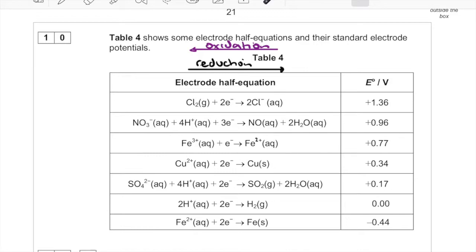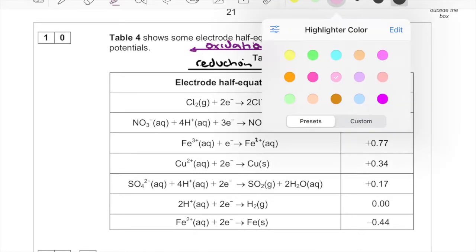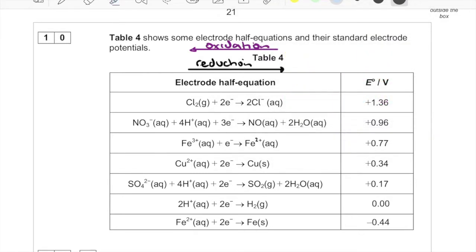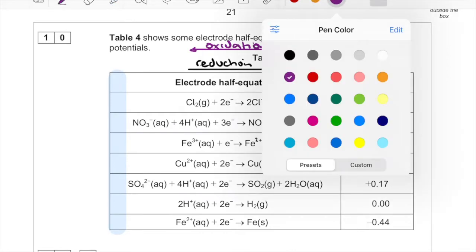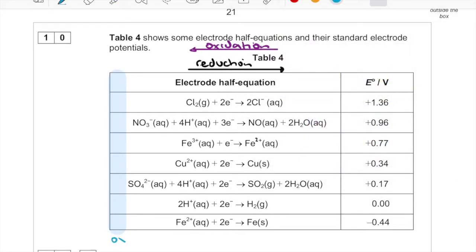Now, if something is being reduced, then it can act as an oxidizing agent. So all of the species on the left have the potential to act as oxidizing agents, because if they're being reduced, then something else must be being oxidized. You can't have one without the other.